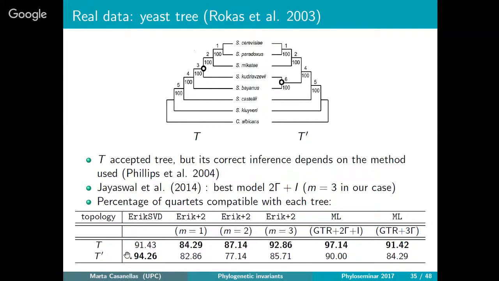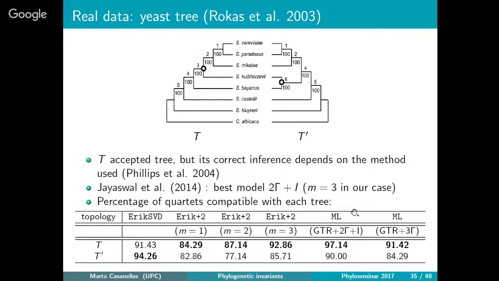For the original method of Ericsson, there were more quartets compatible with T prime than with T. But for ERIC+2, even if we consider a single mixture, we get more quartets compatible with T than with T prime. And we get the best results when we consider 3 mixtures here.